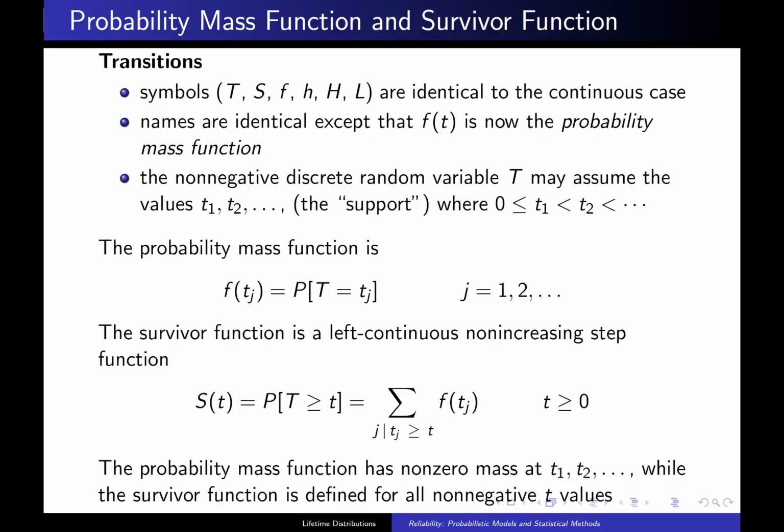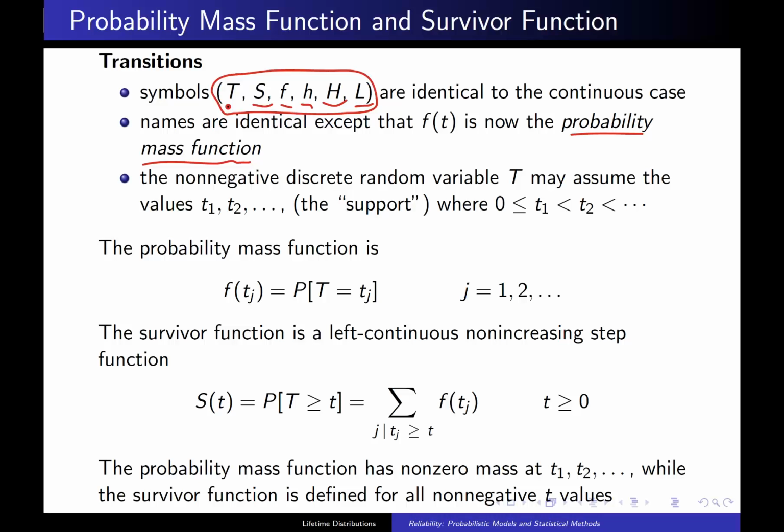So here are the transitions. The good news is all of the symbols that we had before. The lifetime is T. The survivor function is S. F is no longer called the probability density function. Its name will change to the probability mass function. H will still be the hazard function, capital H the cumulative hazard, and L will still be the mean residual life function.